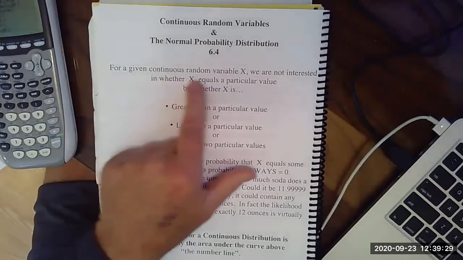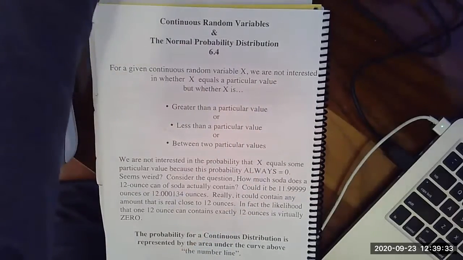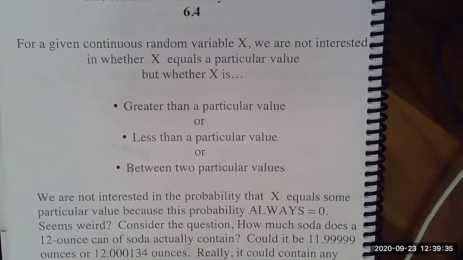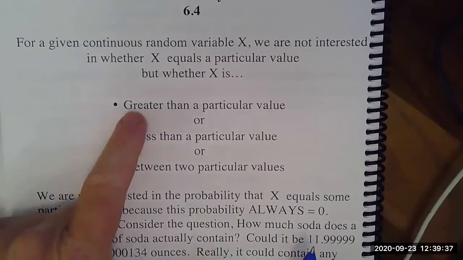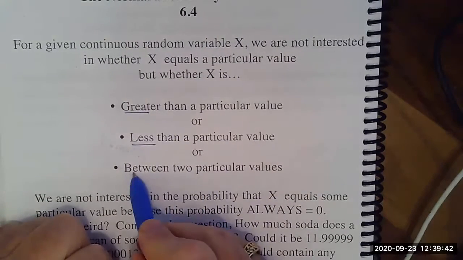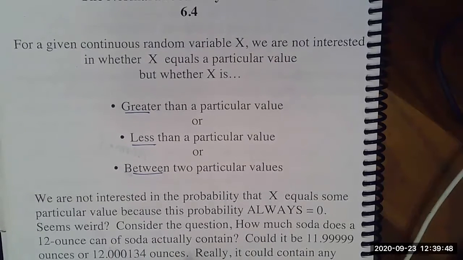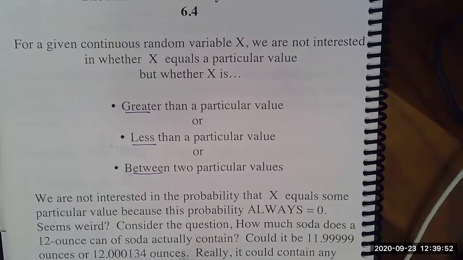For a given continuum, we're not interested in whether it looks like a particular value, just whether it's greater than, less than, or in between. So you're not looking at it exactly, like the binomial. What's the probability that exactly 2 burglaries come through the front door?